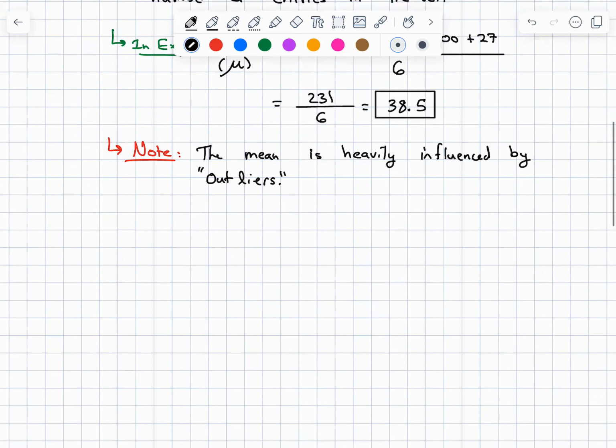The next one is the median. This is the quote unquote middle number of a data set.